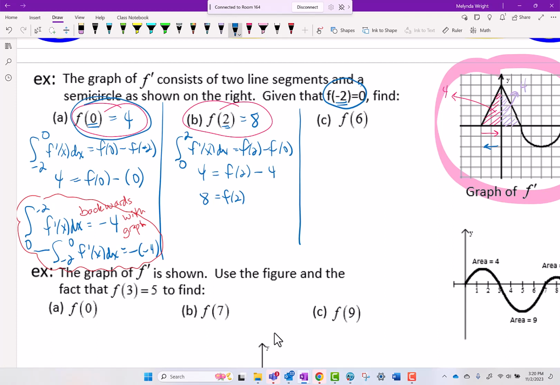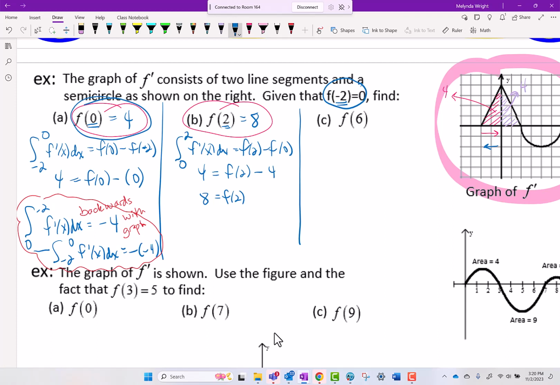So if you're concerned that that might not be correct, then it's probably safer to go back and start at -2. The issue, though, is you still have to calculate that area again. You know what I mean? So you just need to be careful.